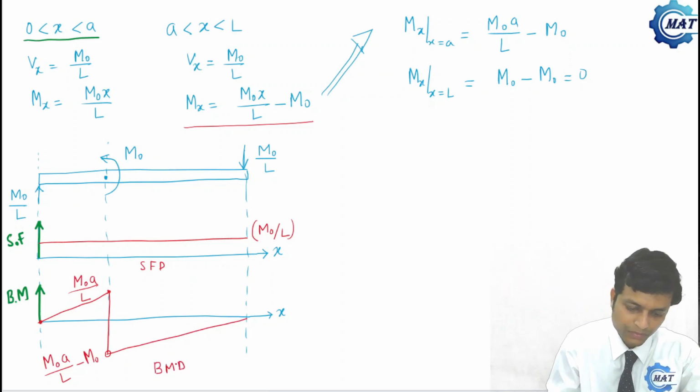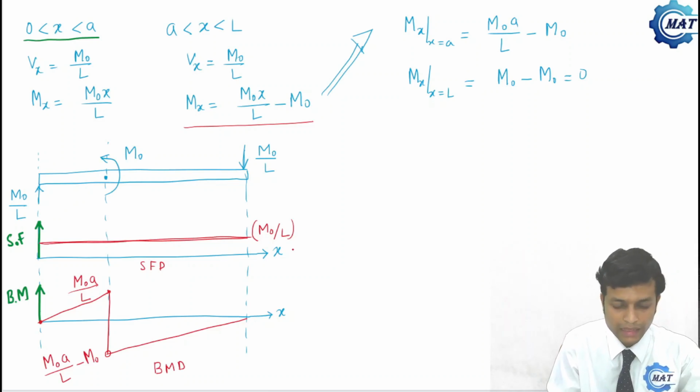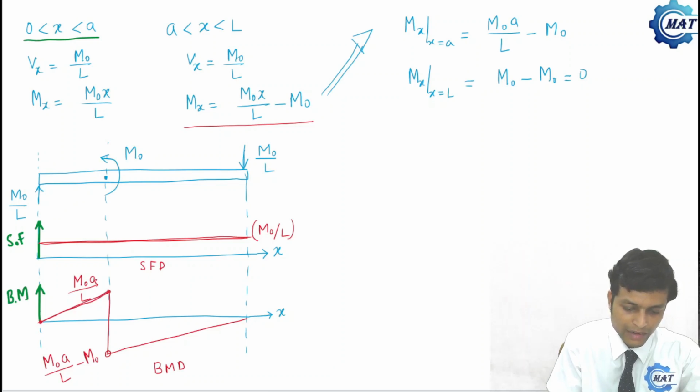So shear force is constant, and the value is M0 by L, whereas bending moment is 0 at x equal to 0 and increases linearly to M0 a by L. There is a sudden drop of bending moment by an amount M0. So bending moment dropped by which amount?